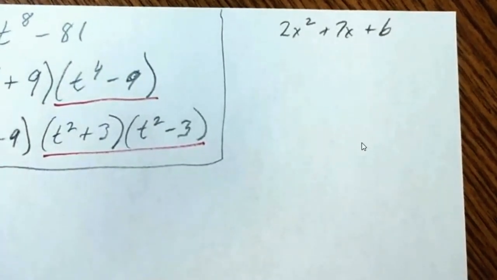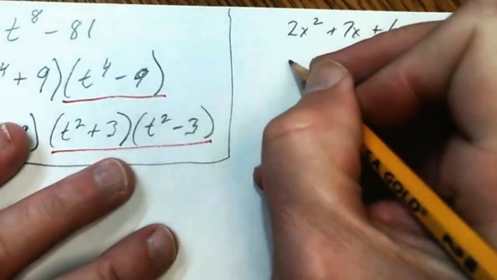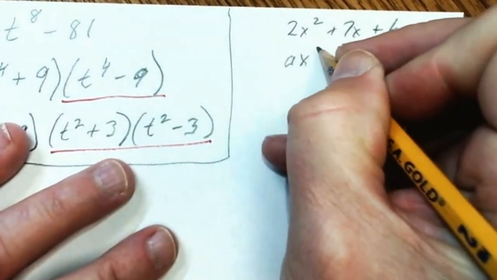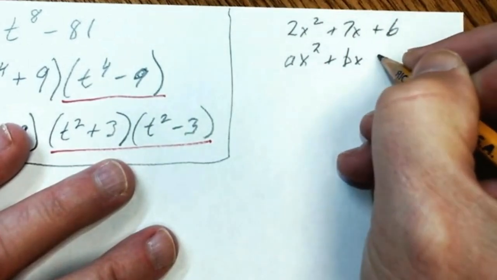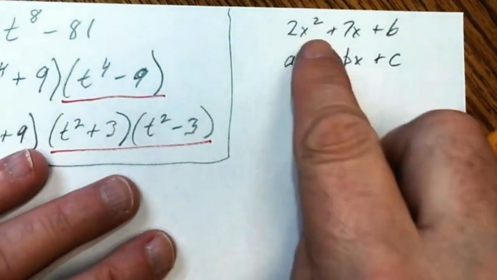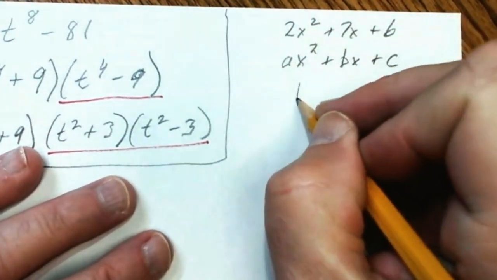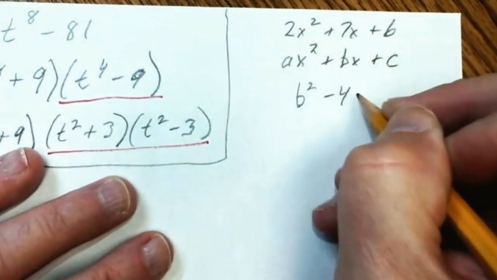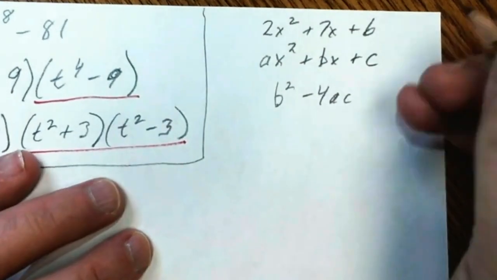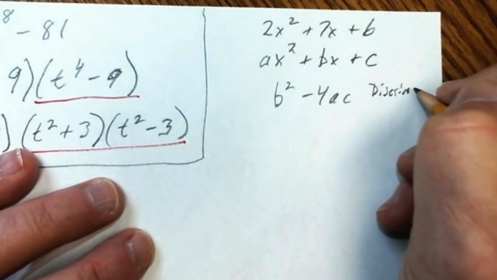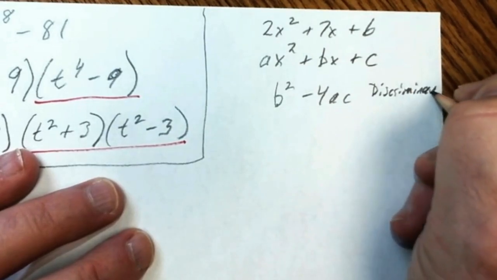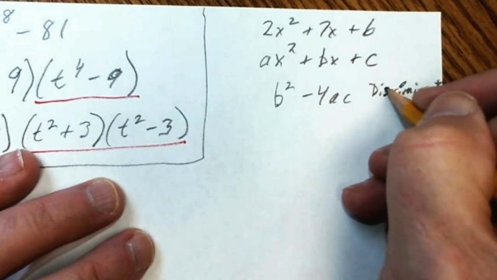Okay, so this is in the form ax squared plus bx plus c. So we care about the a, b, and c because the discriminant is b squared minus 4ac. That's the discriminant.